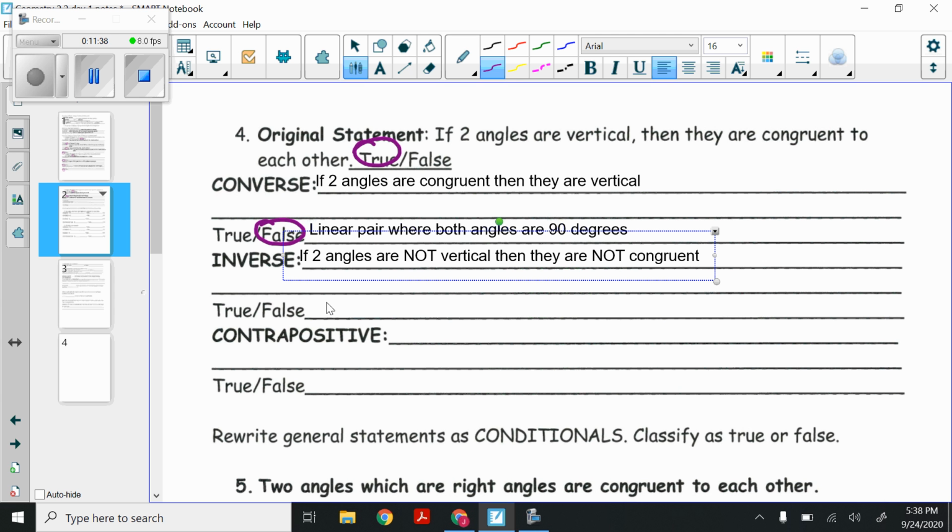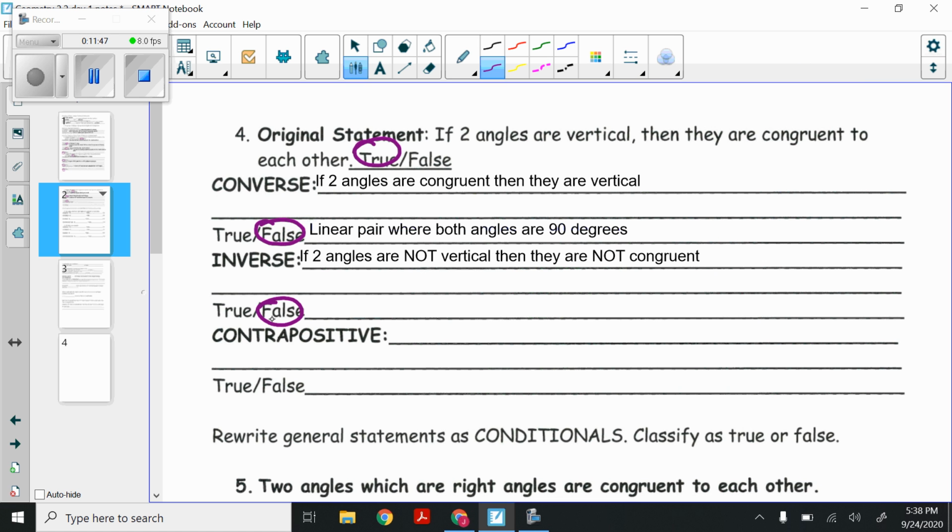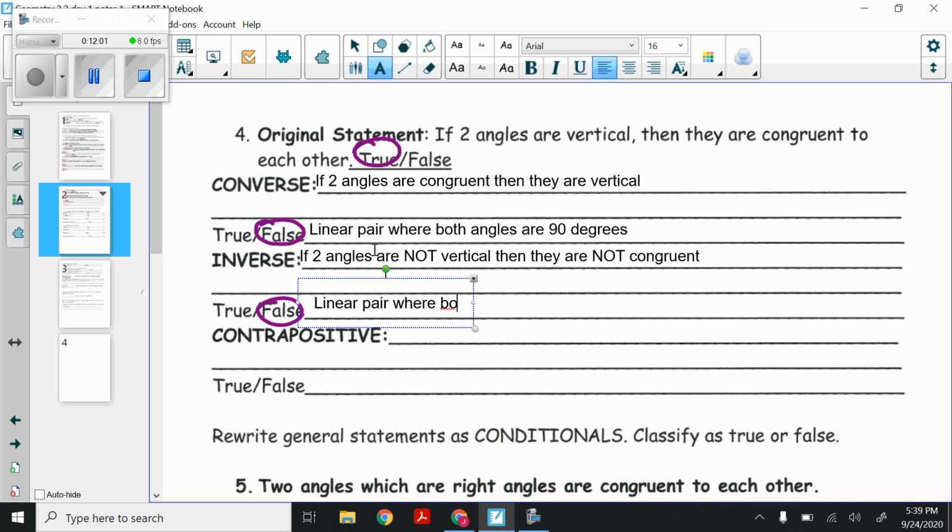Well, if two angles are not vertical, then they are not congruent. Again, I can have congruent angles that are not vertical, so this is also false. So we want to give a counterexample. Okay. I could use the exact same counterexample, couldn't I? A linear pair where both angles are 90 degrees.